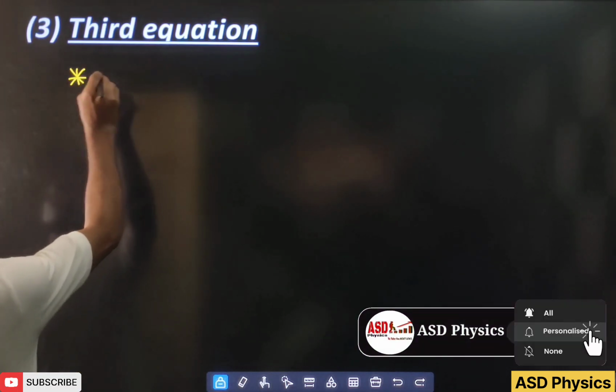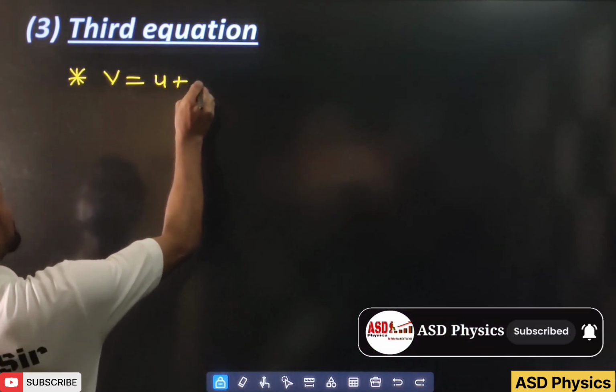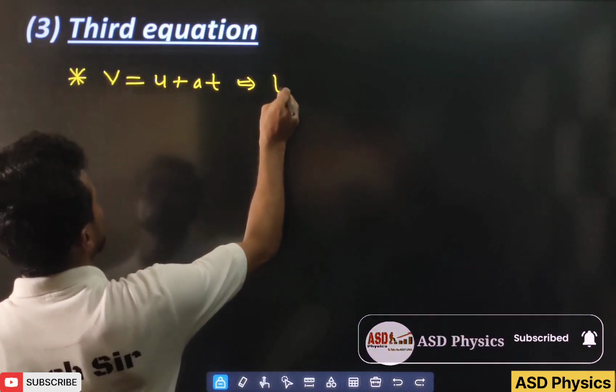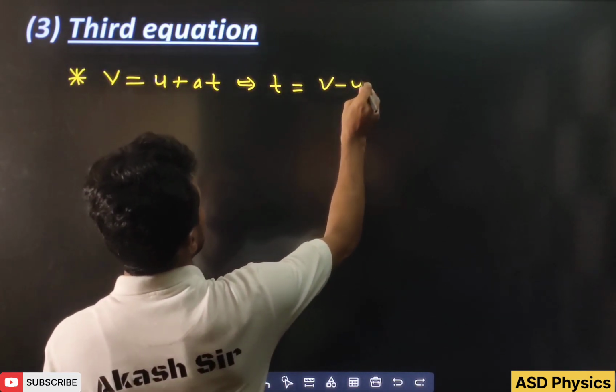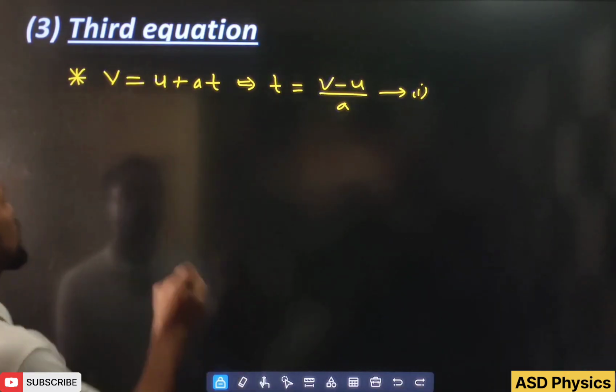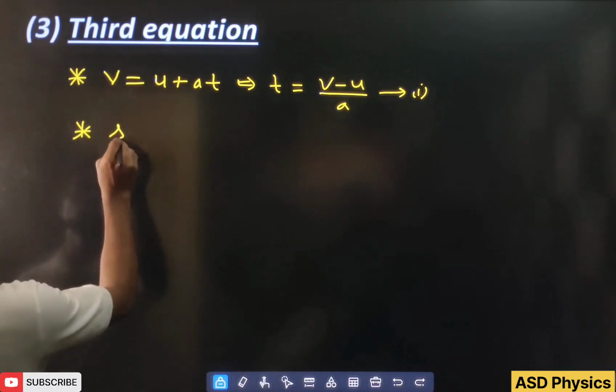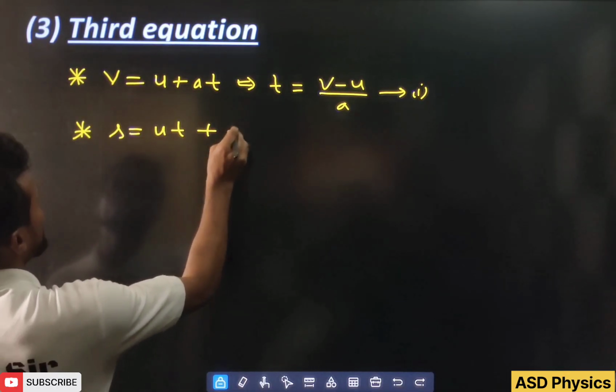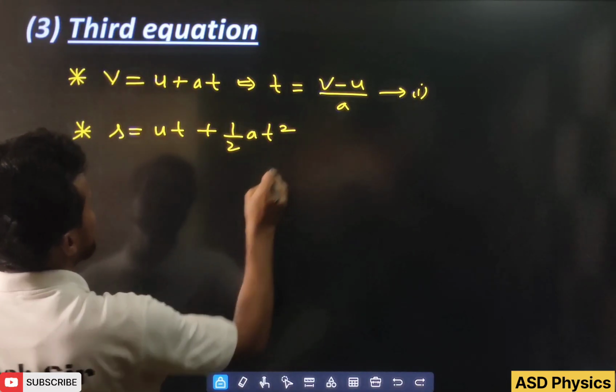So here, we know v equal to u plus at. From here, time is equal to v minus u by a. I will call this equation 1. And the second equation is s equal to ut plus half at square.